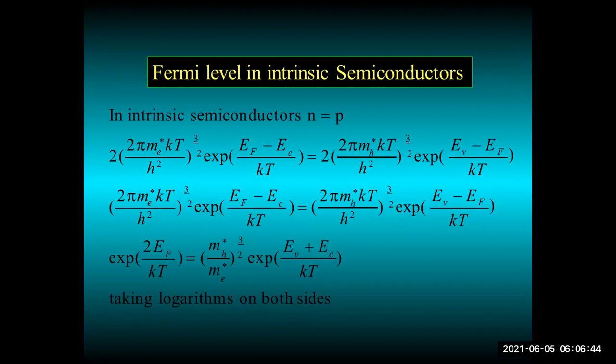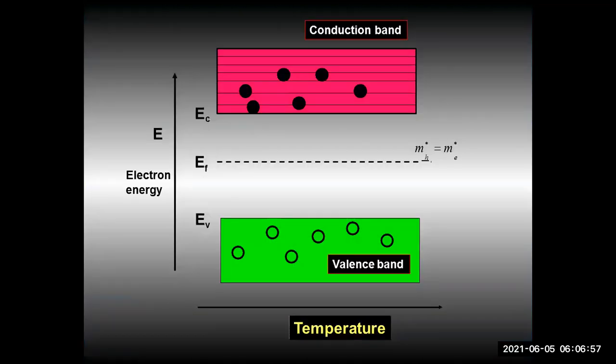In an intrinsic semiconductor, you know that n is equal to p. So whatever we got for the n value and p value, we equate them, take the logarithm with some mathematical steps, and you will get this. We need to calculate this EF.